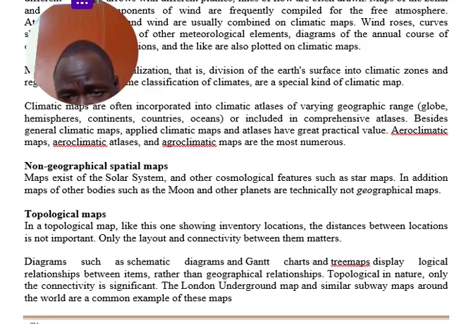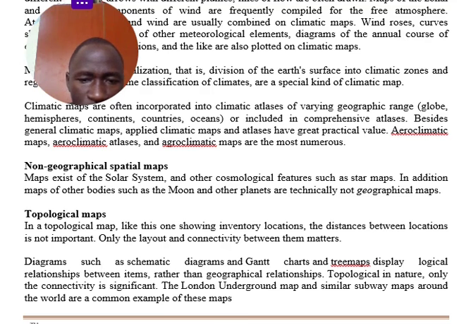Then the technical maps are like the other ones. They try to show the distance between locations, and they are not concerned with the layout of connectivity between themselves. In other words, they try to show relationships, the differences, the distances, and also the locations.